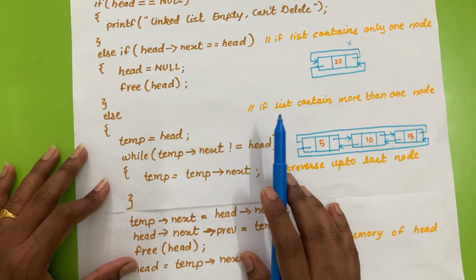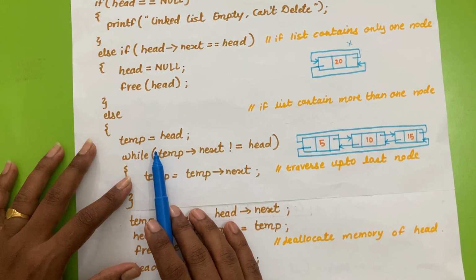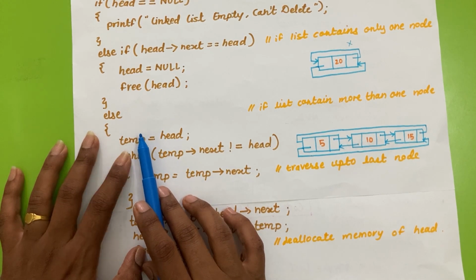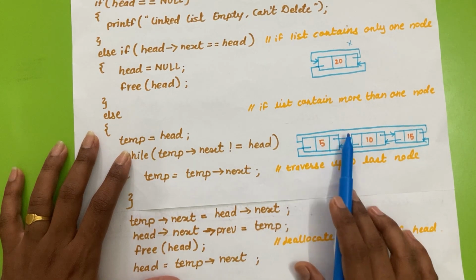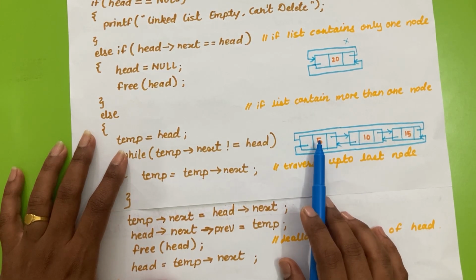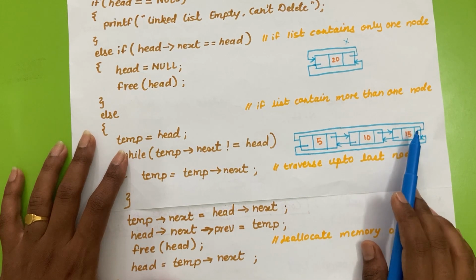Now if these two are not the condition, means if the linked list contains more than one node, and we want to delete the head node, then what changes do we need to make in the pointers? For that purpose we need to copy the head in the temporary, because for deletion of the head node we have to make changes in the pointer field of the last node also.